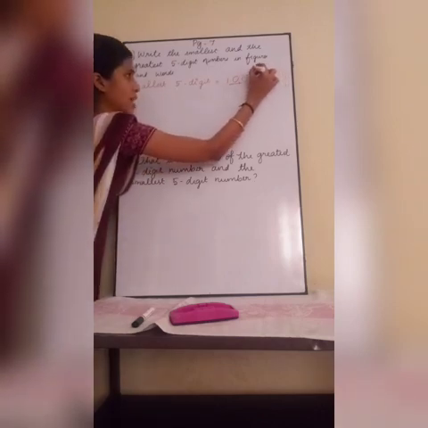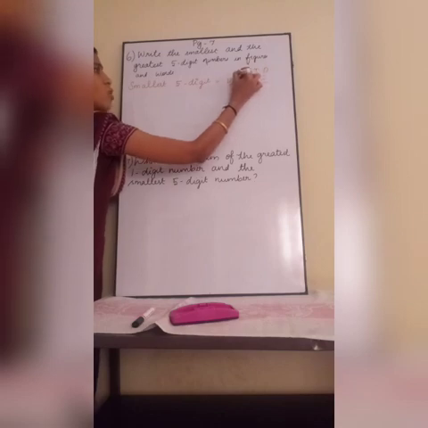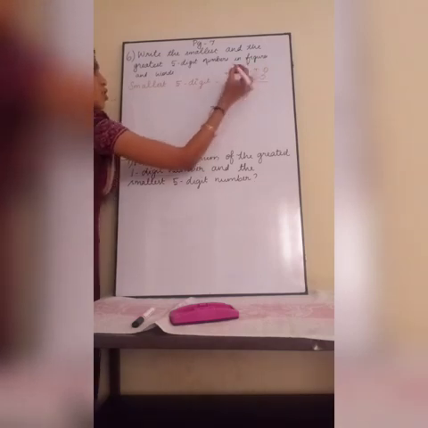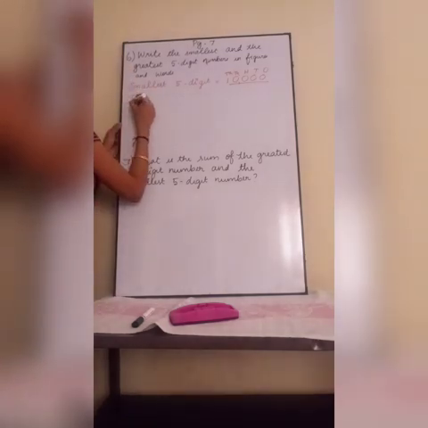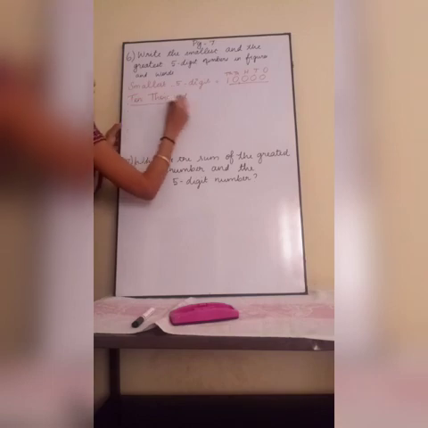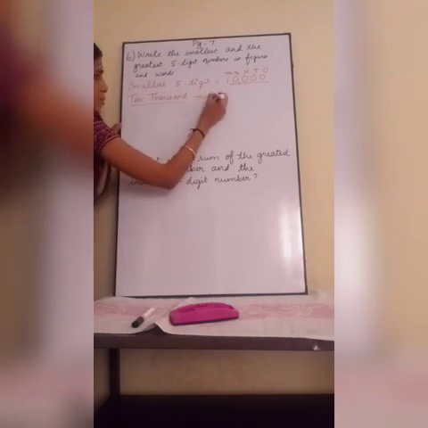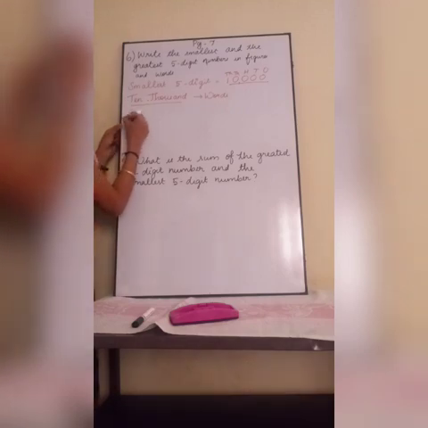I will write the place values: ones, tens, hundreds, thousands, ten thousands. So the number name for this figure is ten thousand only. This is the words for that answer. Understood?